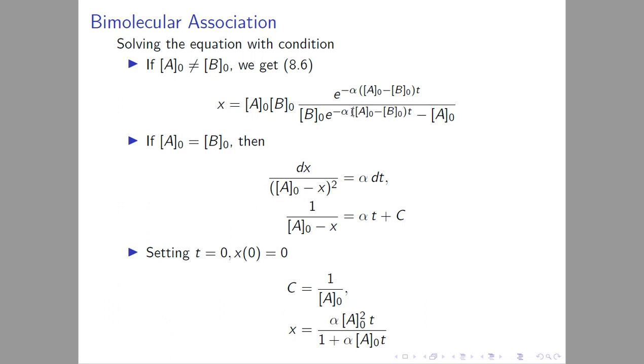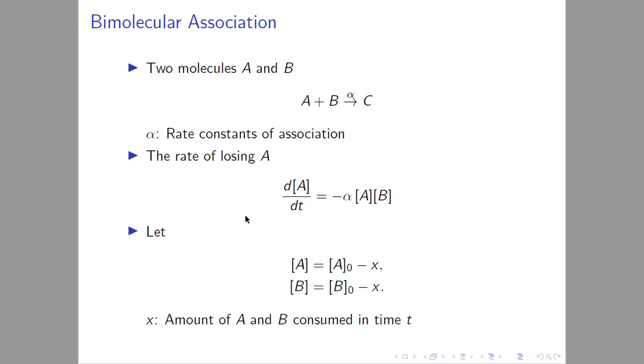So we get this equation. We can put the values of A naught and B naught into this equation, so we can see the amount X, of A and B consumed in time.